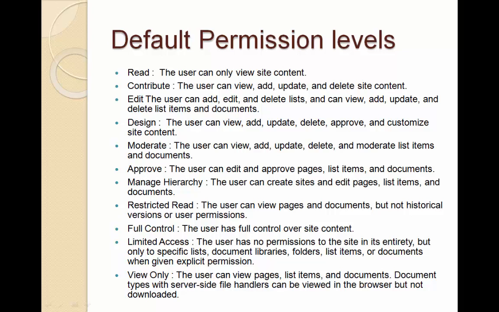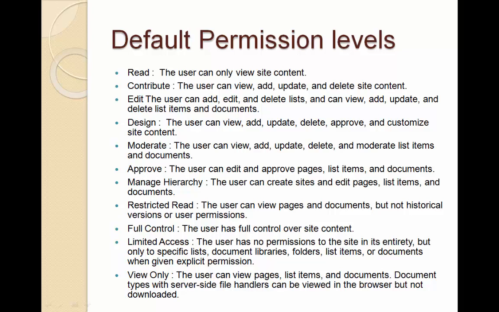If the user has edit, the user can add, edit, and delete lists and view, add, update, and delete list items and documents. So similarly, there are design, moderate, approve, manage hierarchy, restricted read, full control, limited access, and view only.